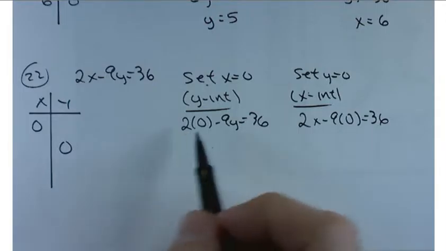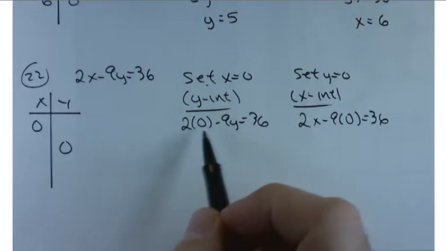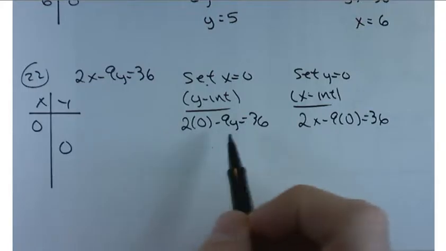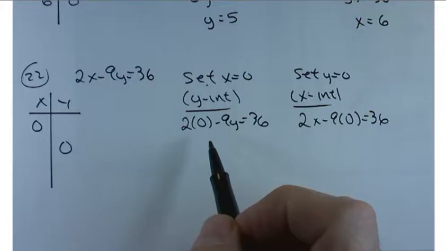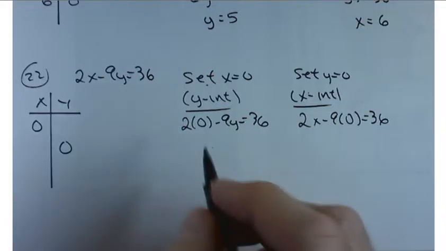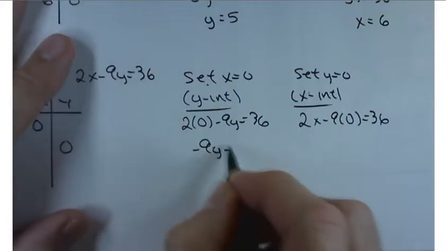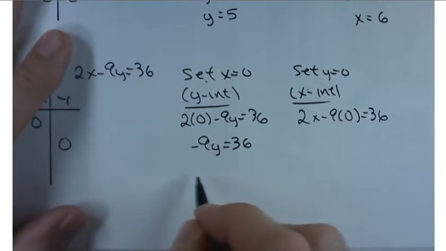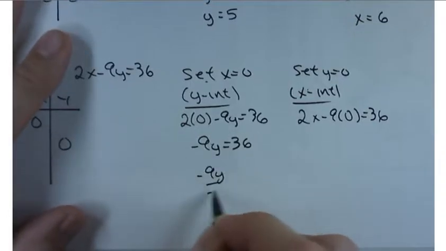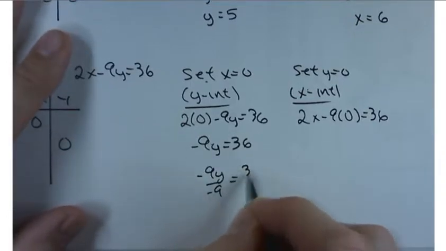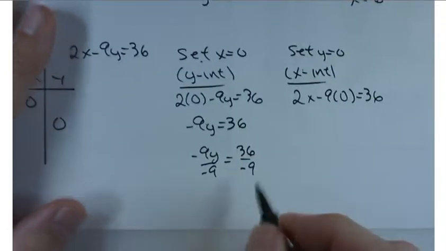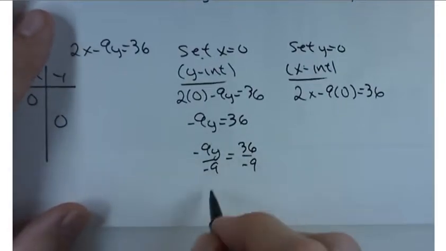If I set x equal to 0, how does this equation simplify? All right, negative 9y equals 36. And to solve, I'll divide both sides by negative 9. What do I get for y?